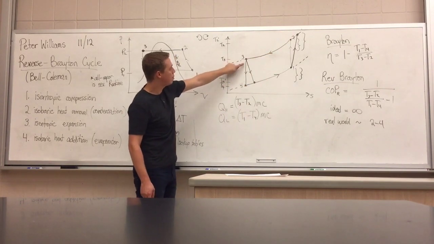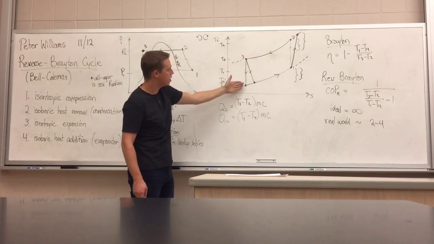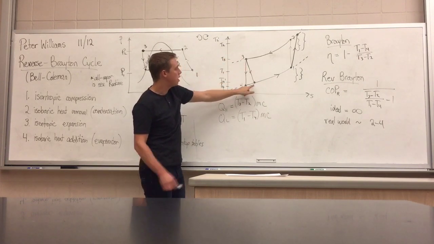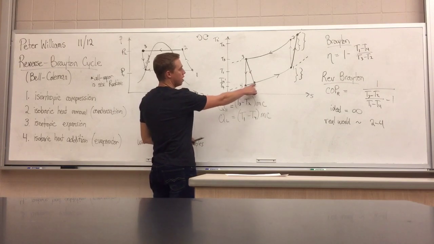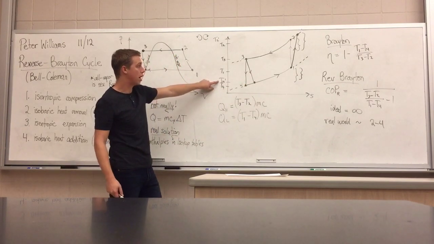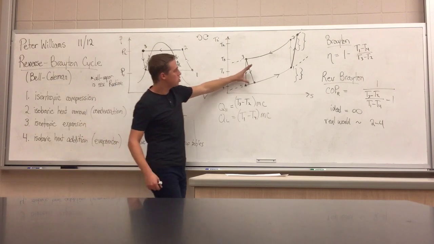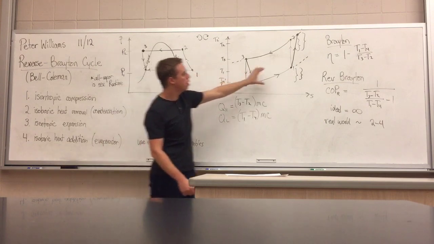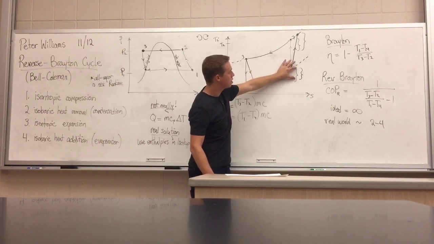And the same thing happens down here. Instead of a straight line down, we get a little bit skewed off this way into intersecting this curve at a slightly higher point, so a slightly higher temperature, T4 prime. And that changes the gaps between now T1 and T4 prime. That gap shrinks a little.